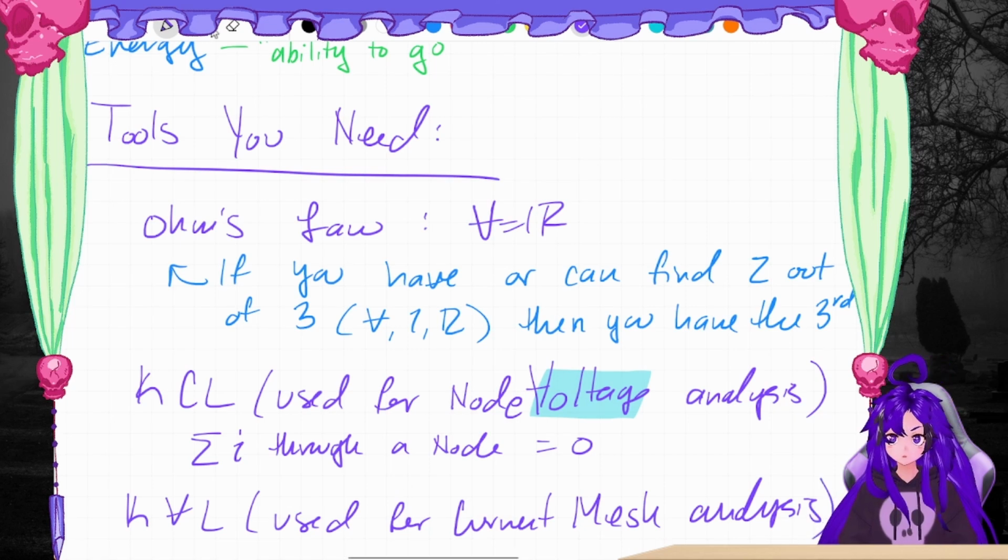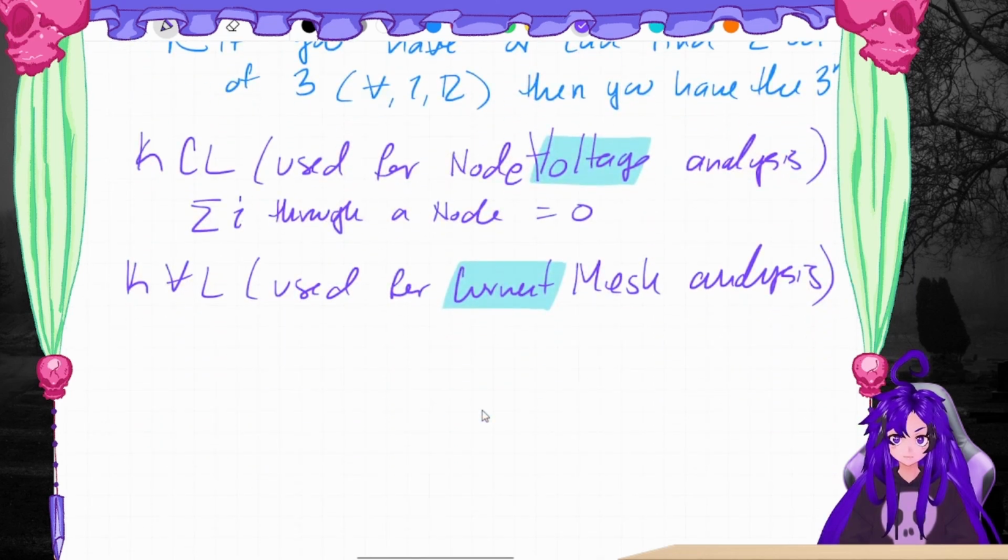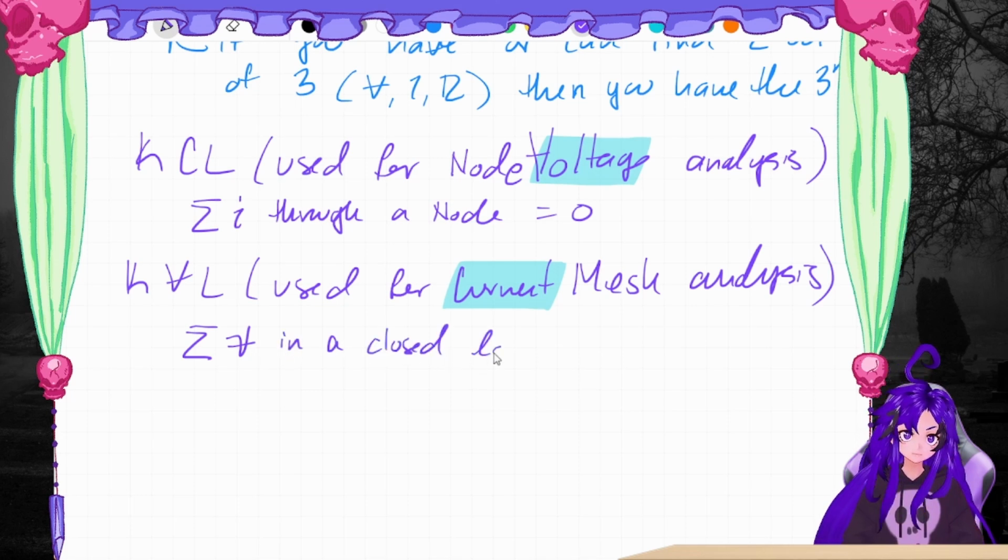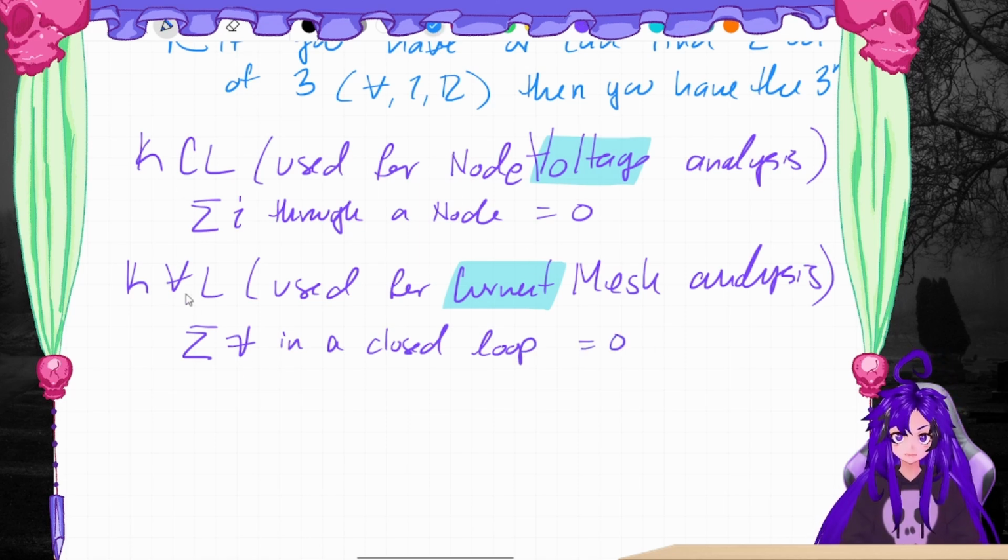It says analysis, I swear. And this is the one that says the sum of voltages in a closed loop equals 0. Just keep reminding yourself that the reason node voltage uses the current law is because you are finding voltage in terms of current. No, there's no E at the end of find.